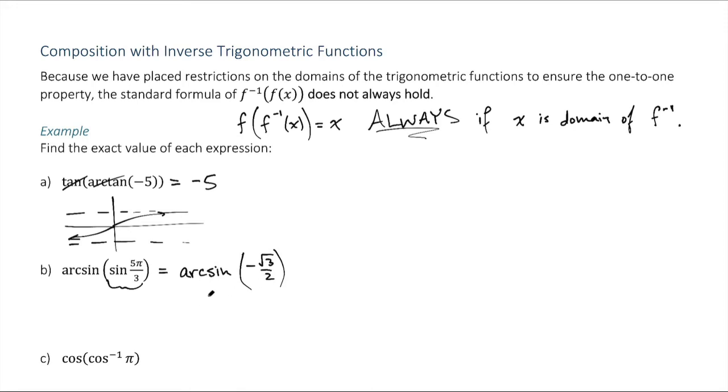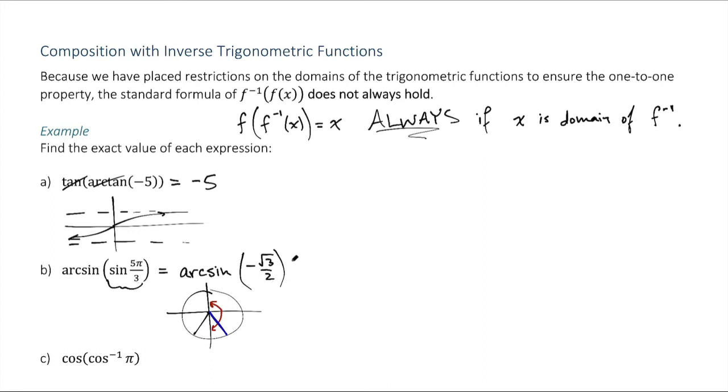So what we do is we look at where do I have an angle where the sine is -√3 over 2. And there are two places that happens, down here and down here. But the arc sine only gives us a number between -pi over 2 and +pi over 2. So it has to be this angle right here. And you'll notice that this angle is in the same location as 5 pi over 3. Okay?